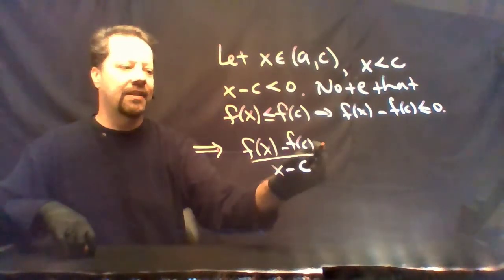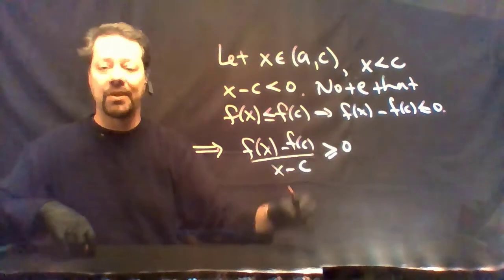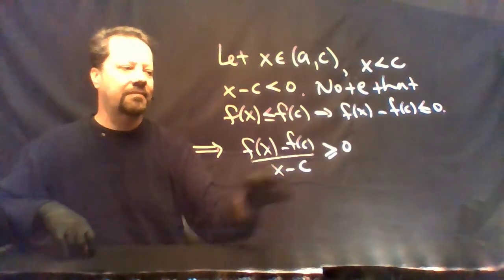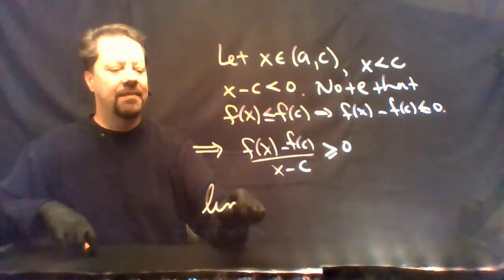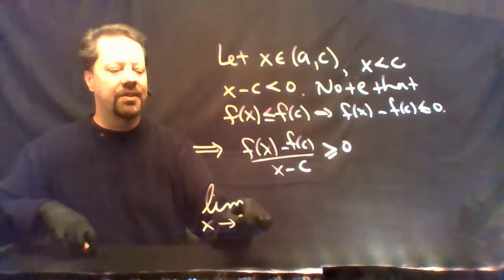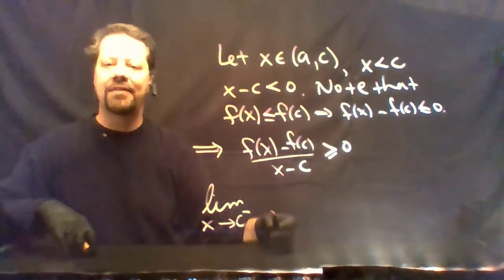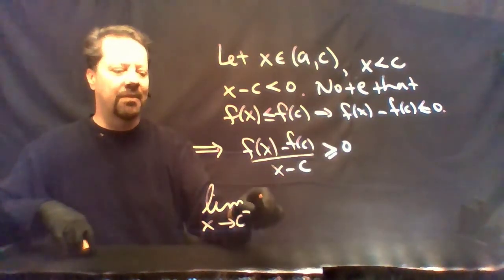Negative over negative is bigger than or equal to 0. And what is more, we can take the limit as x approaches c from the left, because we're only analyzing what happens to the left of c on this part of the problem.